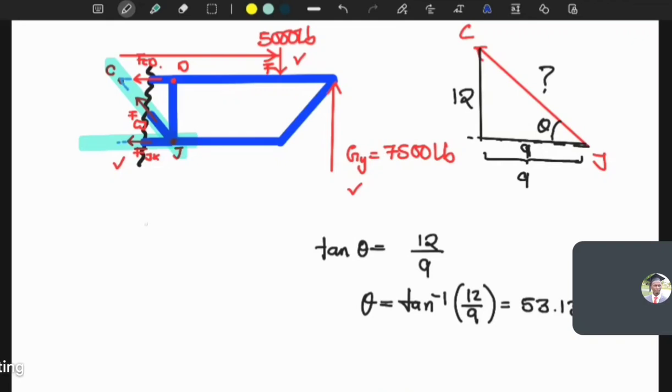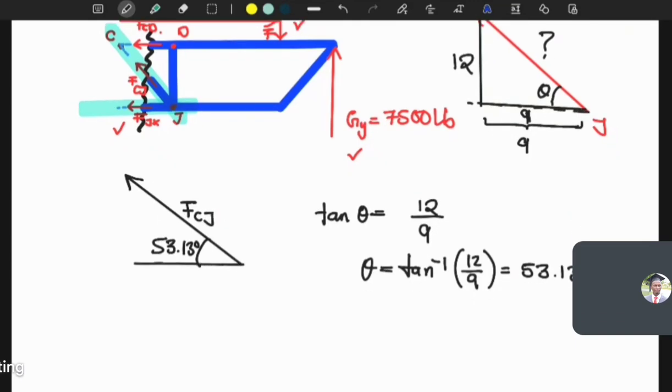And now that we have the angle, we can easily break CJ into its components. If this is 53.13 degrees, and this is FCJ, we can say that the horizontal part of it is going to be FCJ cos 53.13. The vertical part is going to be FCJ sine 53.13.